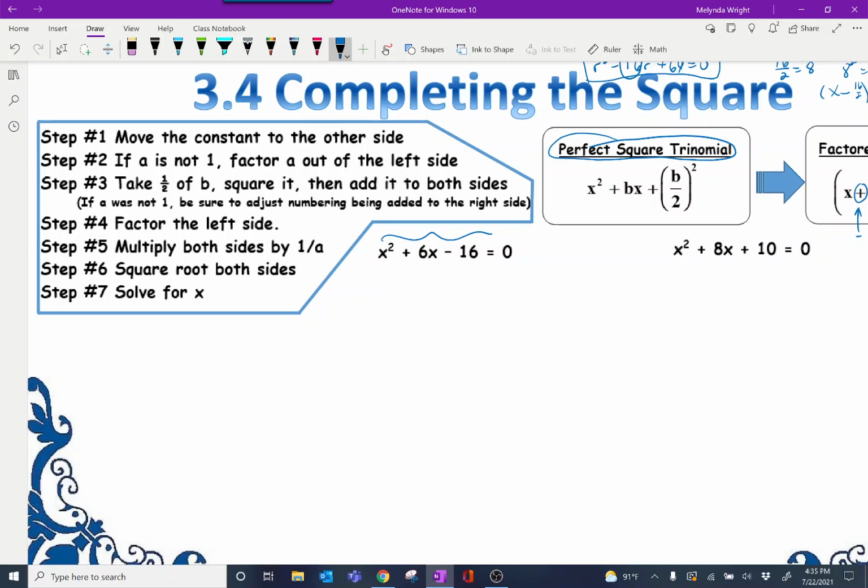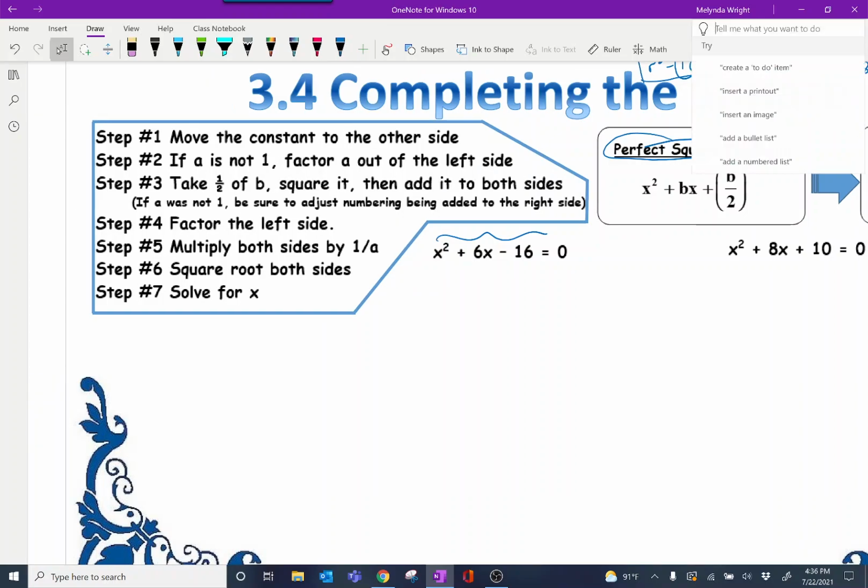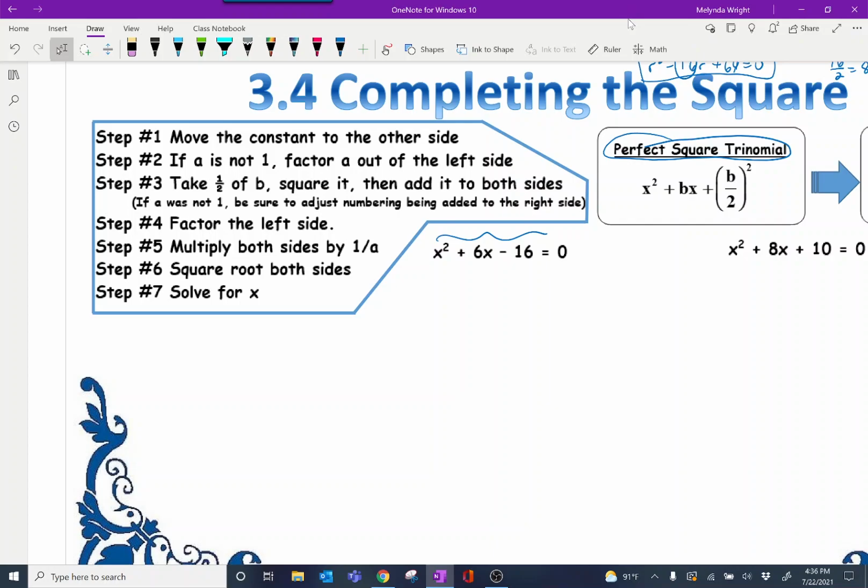We're going to practice that, forcing that trinomial to be a perfect square so that we can use this technique, an additional technique for us to solve our quadratic equations. So let's jump in. These are the steps that we're going to take to complete the square so we can solve.